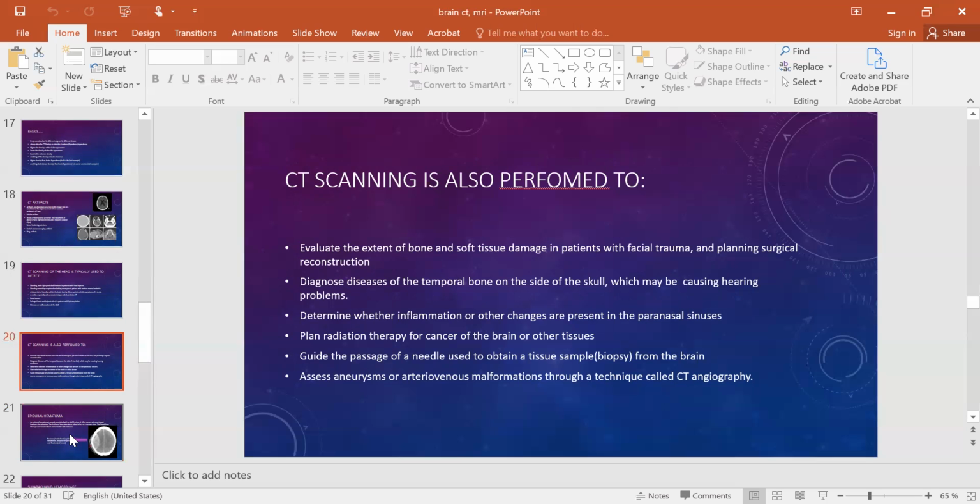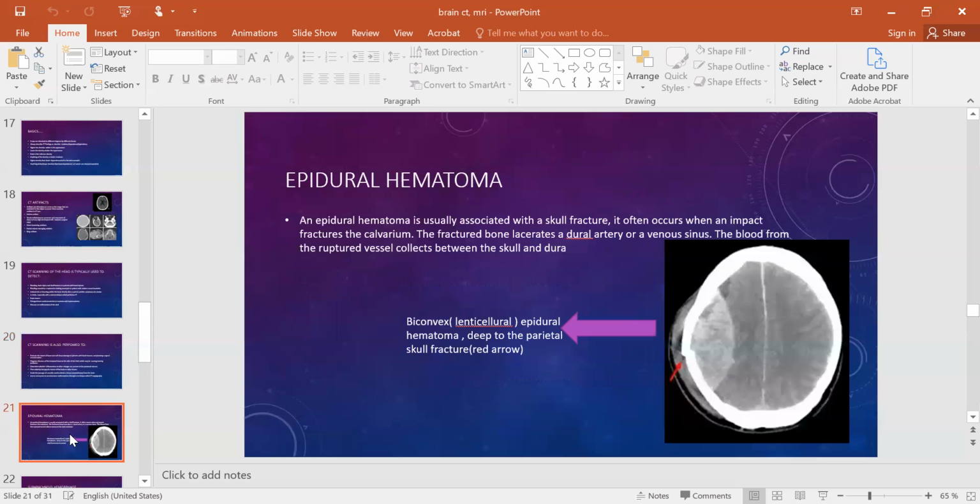It determines whether inflammation or other changes are present in the paranasal sinuses. Also, to plan radiation therapy for cancer of the brain or other tissues. It guides the passage of a needle when we need a tissue sample from the brain. Also, it assesses aneurysms or arteriovenous malformations through a technique called CT angiography.